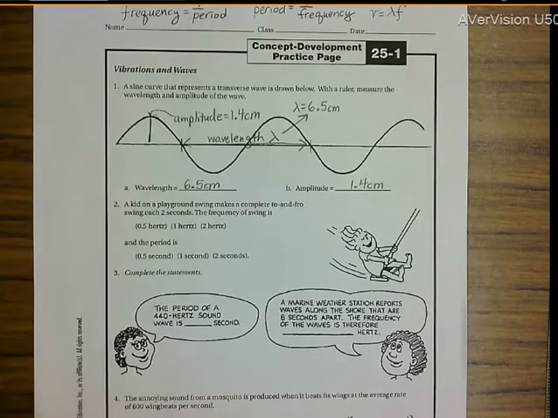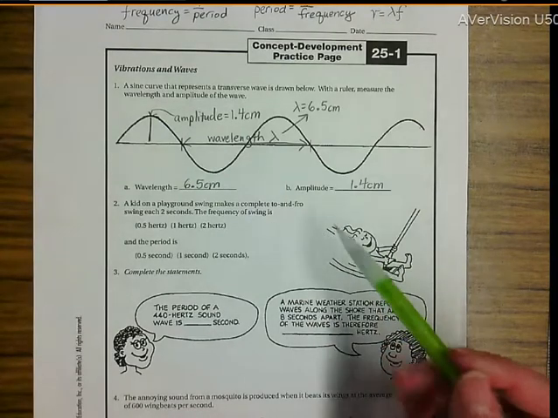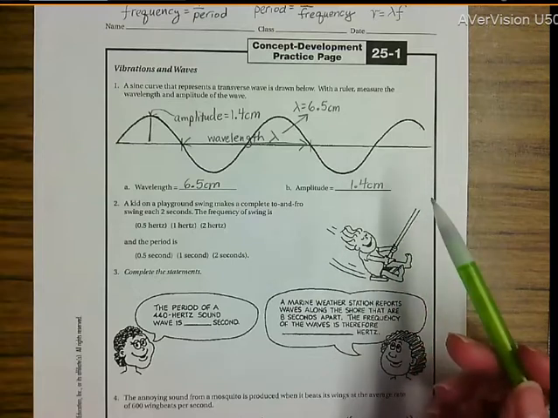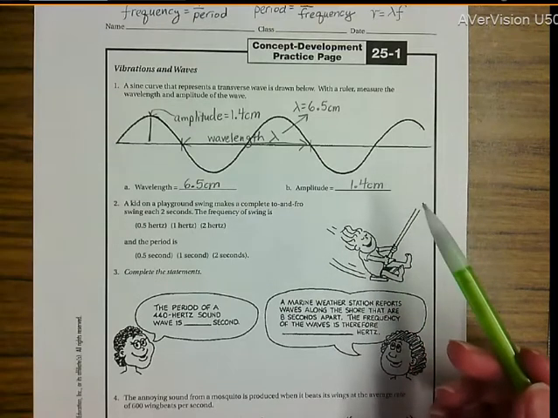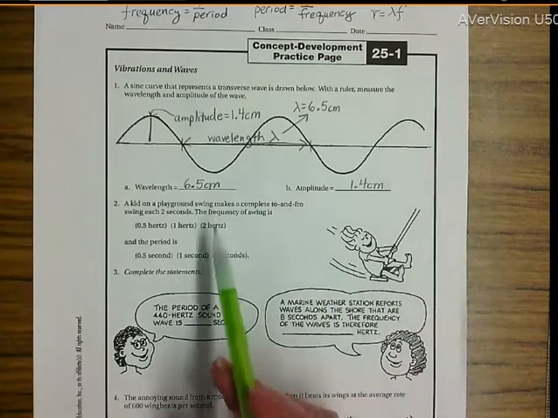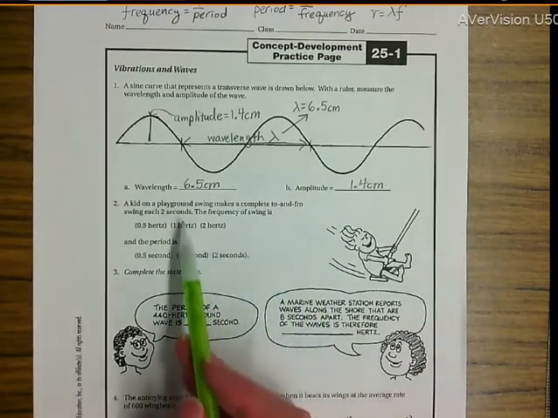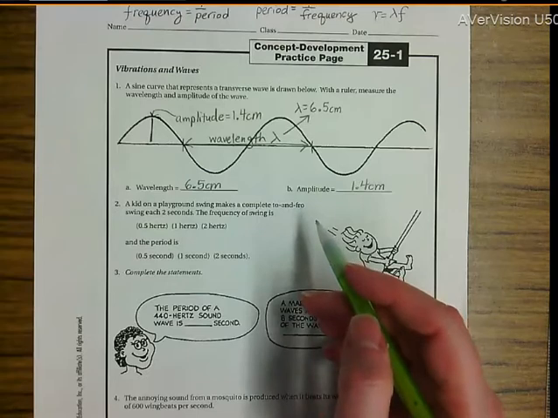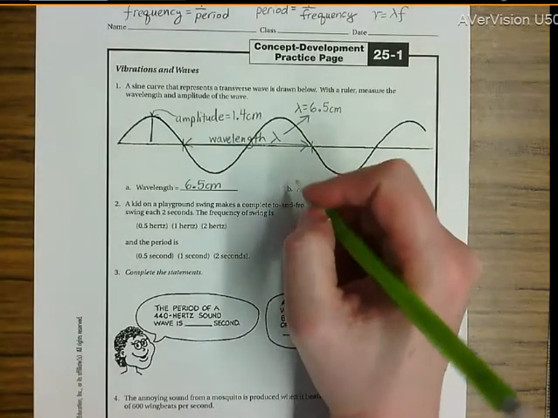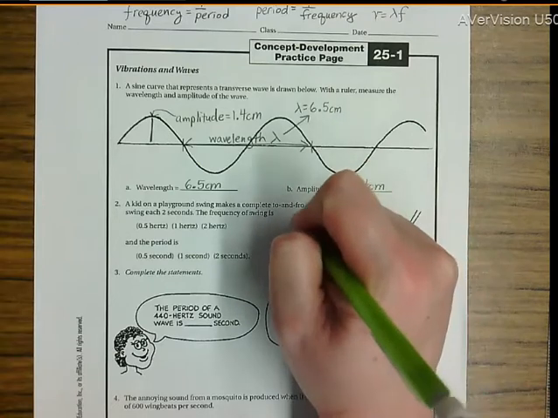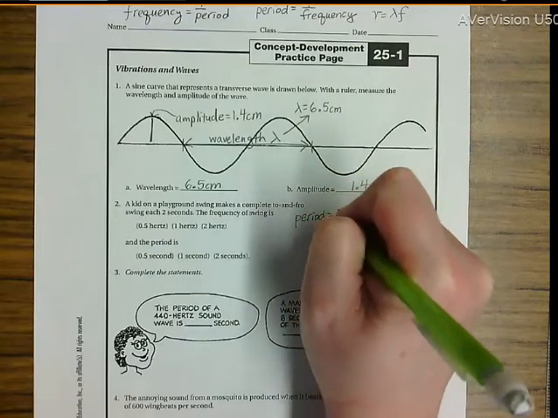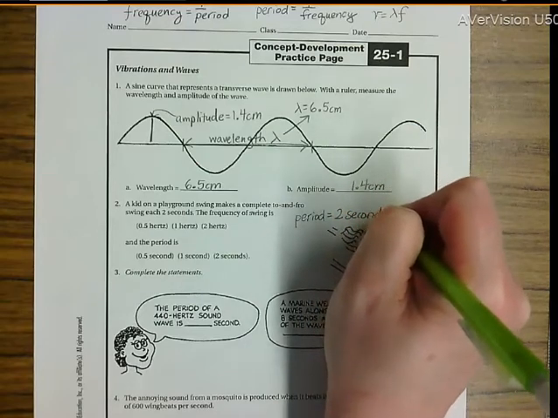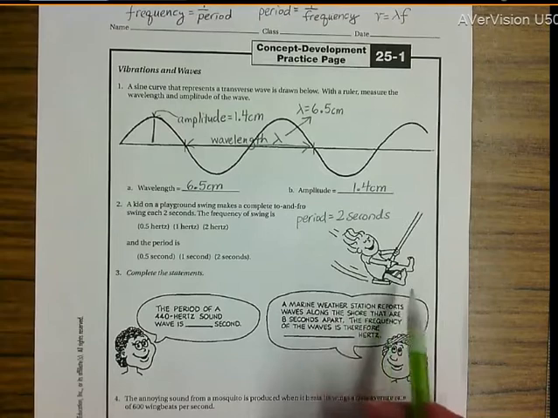Number 2. A kid on a playground swing makes a complete to and fro swing every 2 seconds. So remember, a complete to and fro is kind of the frequency. So the frequency of the swing is, because we go and come back, and it takes 2 seconds to do that, that means that our period is equal to 2 seconds, because it takes us 2 seconds to go forward and back.